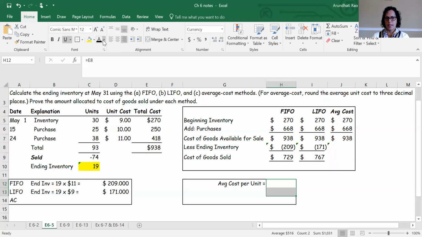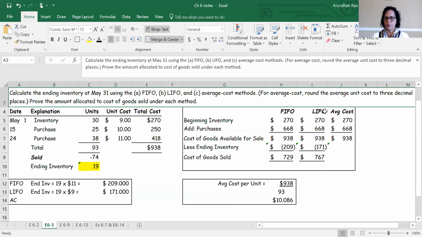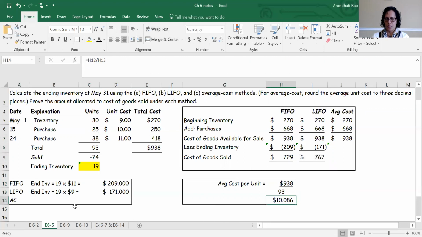So I'm going to start with that calculation. 938 divided by 93 and arrive at $10.086. Now always be careful in terms of the information provided to you. In this particular case, they've told us that we have to hold it to 3 decimal places. So that's why I have it for 3 decimal places.